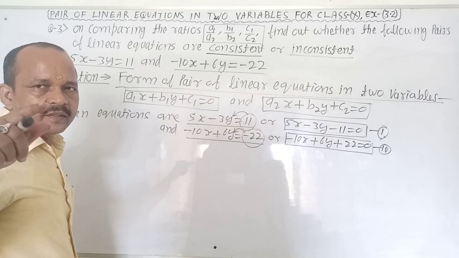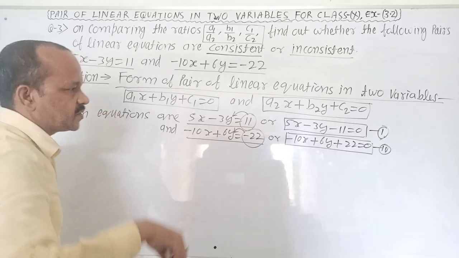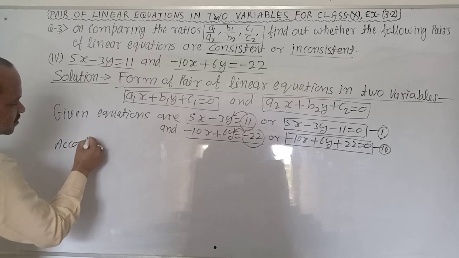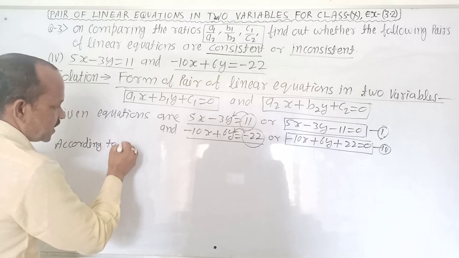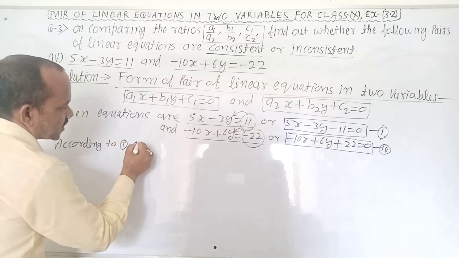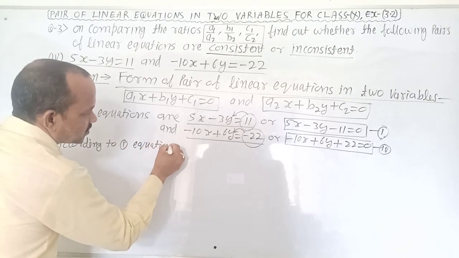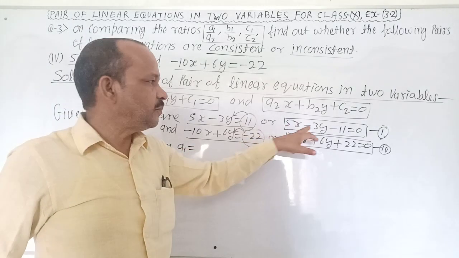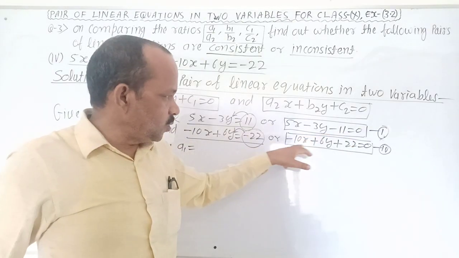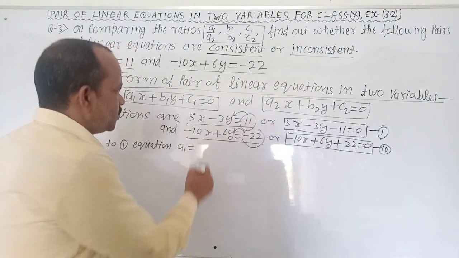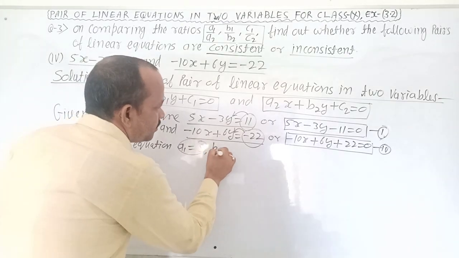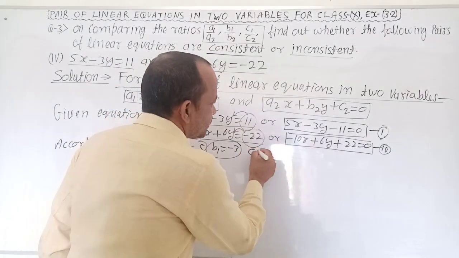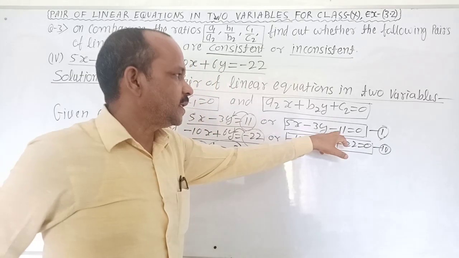By comparing according to the first equation, here a1, b1, c1, a2, b2, c2. a1 equal to 5, b1 equal to minus 3, c1 equal to minus 11.